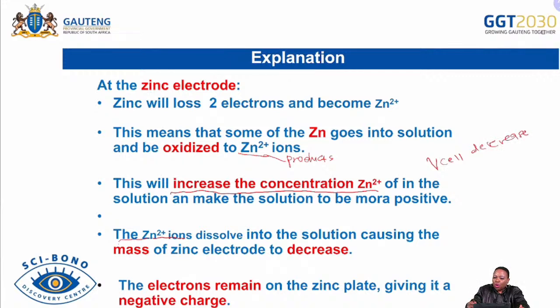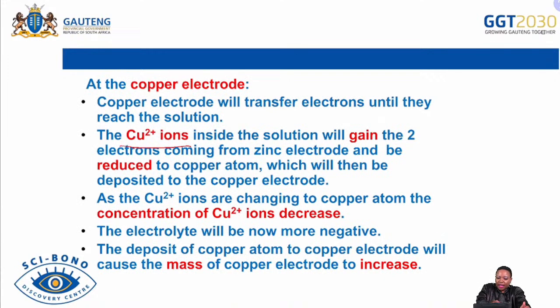What makes the concentration of Zn2+ increase is the zinc undergoing oxidation and producing those ions. And immediately when our reactant ions decrease, which is copper 2+ in this regard, then our V cell will also decrease.